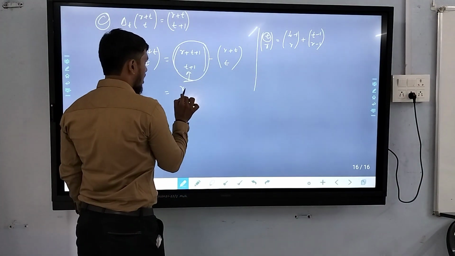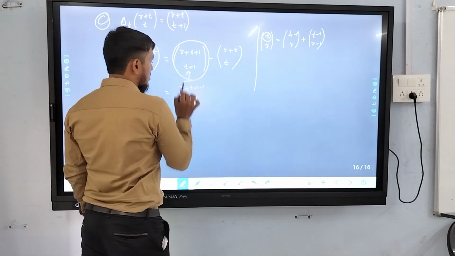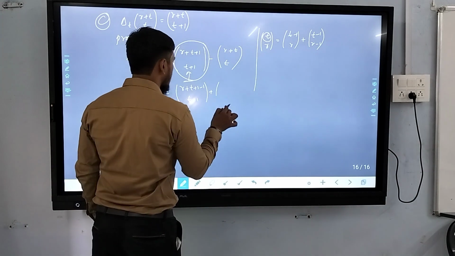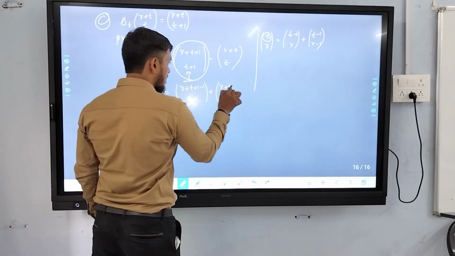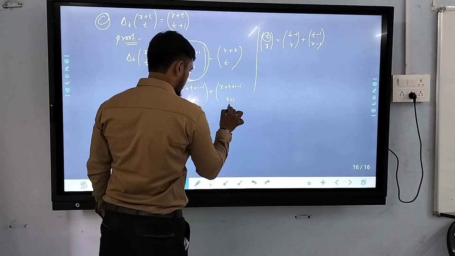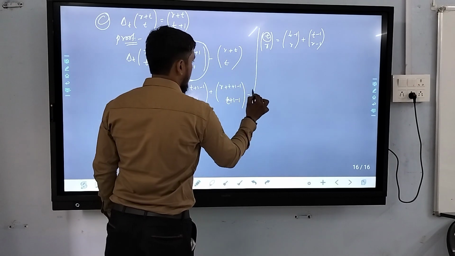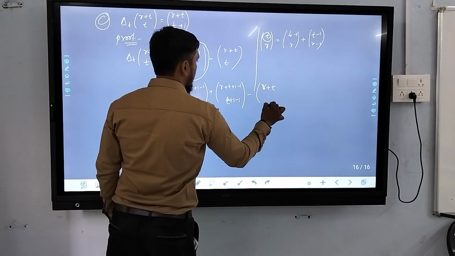So here r plus t plus 1 minus 1, then this term as it is, t plus 1. And after addition, subtract 1 in both the terms. So r plus t plus 1 minus 1 C t plus 1, and r plus t plus 1 minus 1 C t plus 1 minus 1. And this term as it is, r plus t C t.